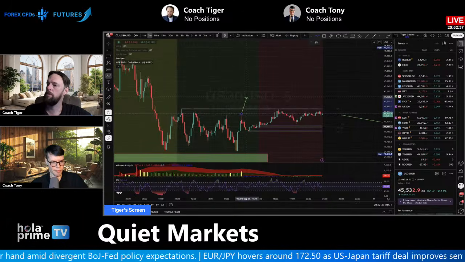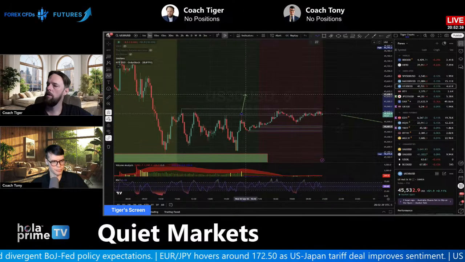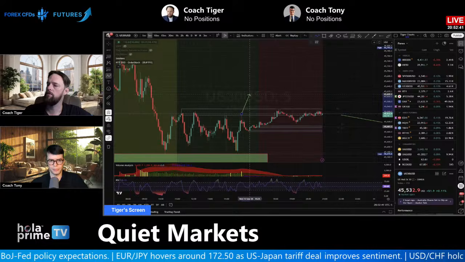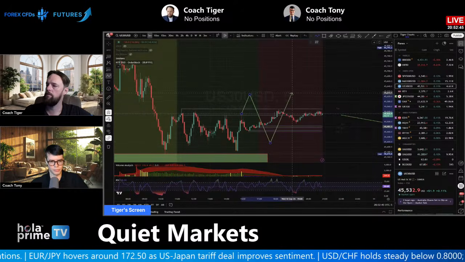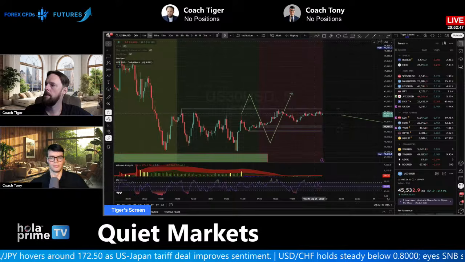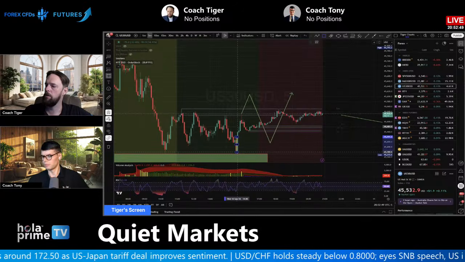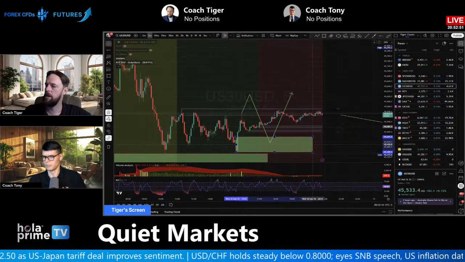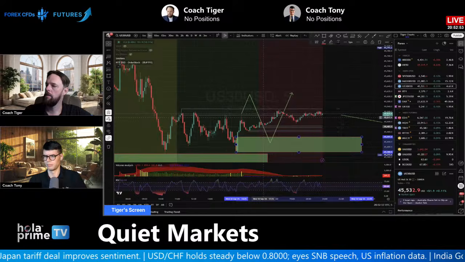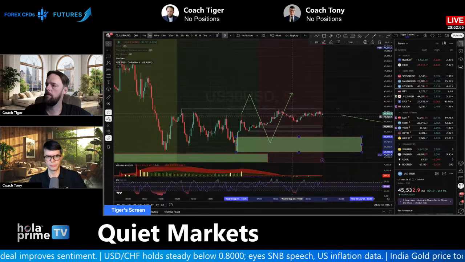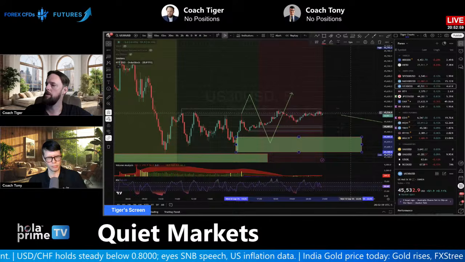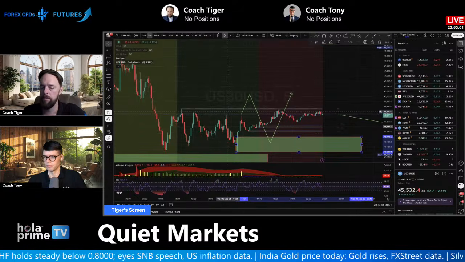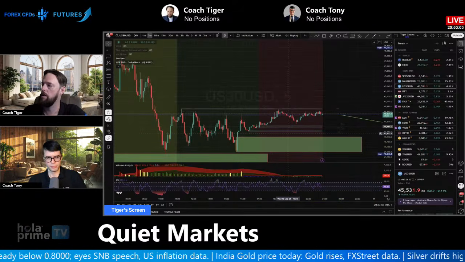If this would have closed up here somewhere, breaking these highs, that would have shown me at least a little bit more strength to potentially come down to collect the unfilled orders for a long position there. So I'm not too thrilled about this zone, because it wasn't even strong enough. That supply is pretty strong. It's been doing its thing, but I'm going to delete that so I don't get confused later.